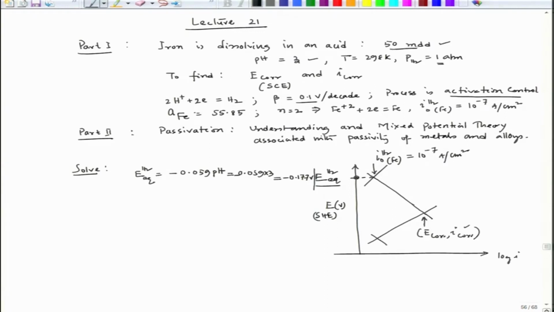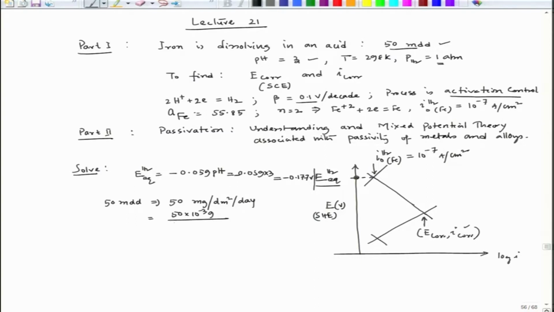This is the value that is given, 50 mdd, which is nothing but 50 milligram per decimeter per day. So, I can convert this into gram, and decimeter can be converted into centimeter square.